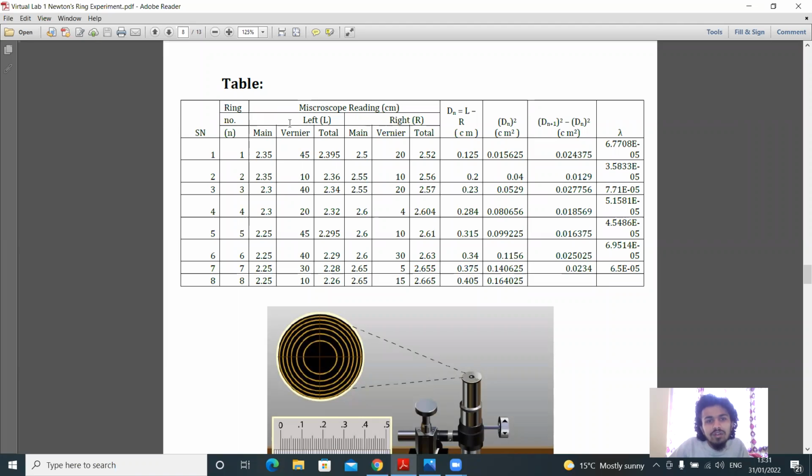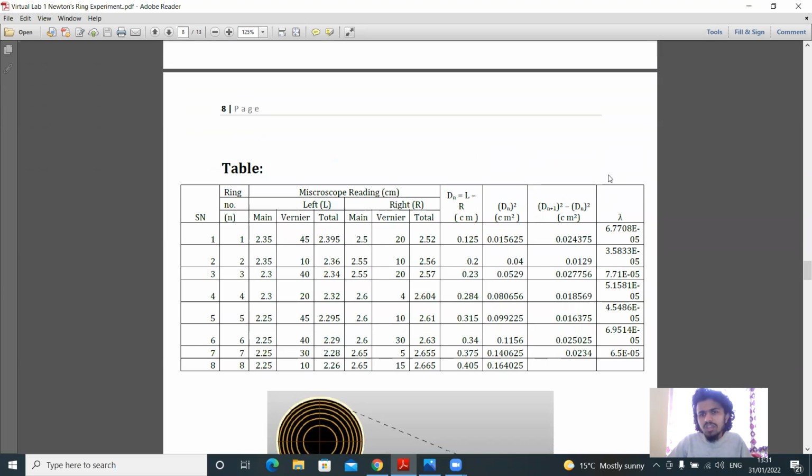Here I have taken left and right up to the 8th ring, and finding the difference between left and right gives the diameter of that ring. Then squaring that diameter, and taking the gap between this 0.04 and this 0.015625, meaning the second ring diameter squared subtracted from the first, third from second, fourth from third, and so on.